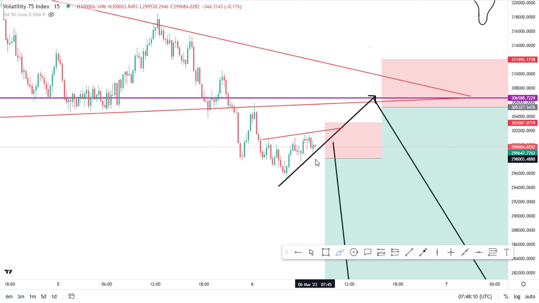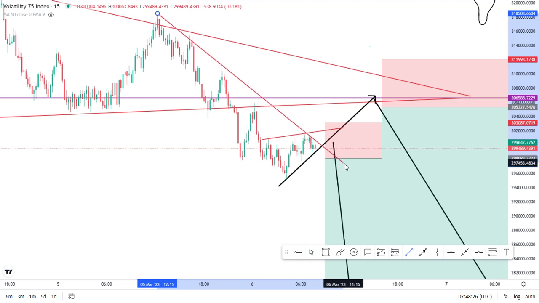Now there is another thing I needed to share with you. Why I'm sharing this now is for you to understand risk management. If you look from here, we have a trend line.